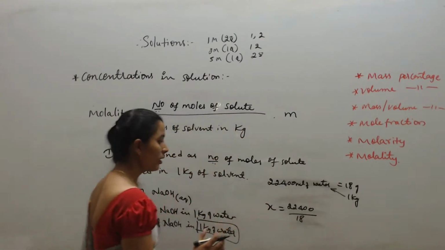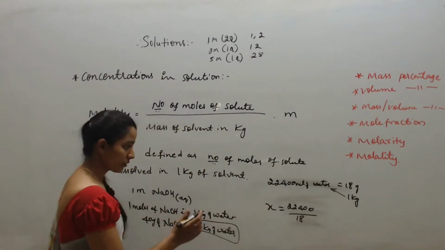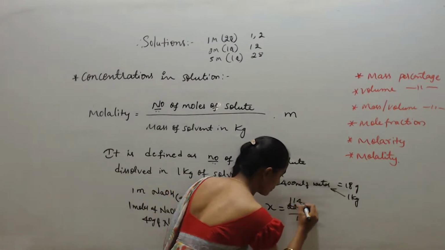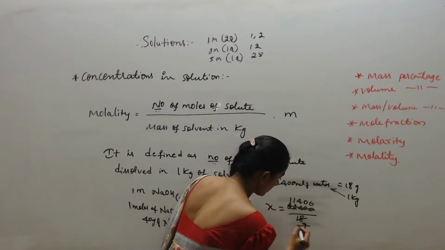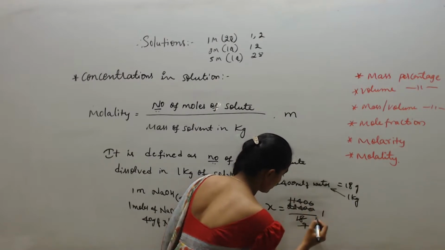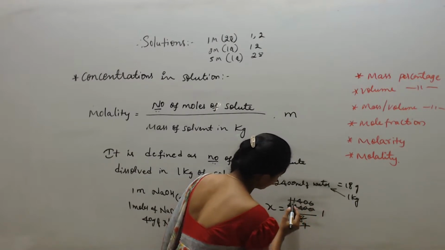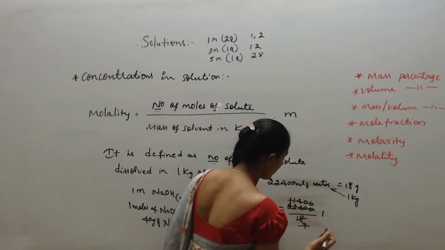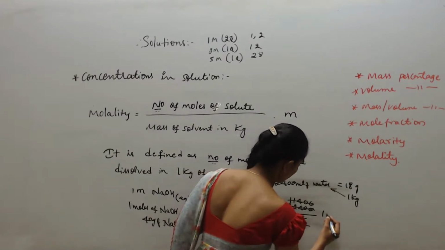If we dissolve that much of ml of water, so I will calculate here. 2 9s are 18, 3 left, 2 left, 24.